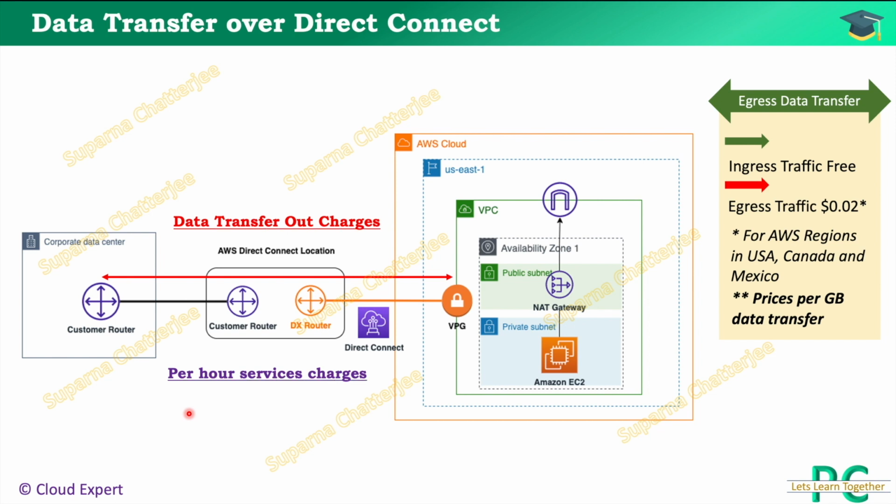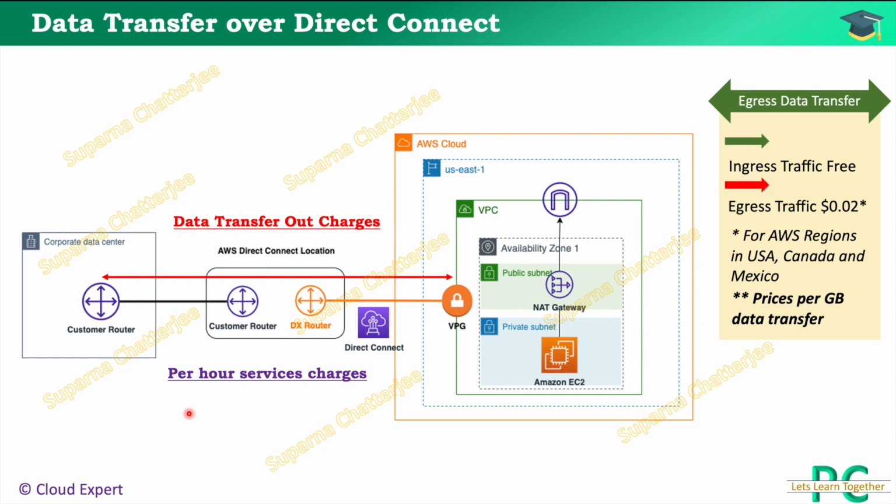Similar to our previous diagram with the VPN connection, if you are creating a Direct Connect, you have to pay per hour service charges for the Direct Connect connection. Per hour service charges will be based on the number of connections you have. If you have more than one Direct Connect connection, then the charges will be per Direct Connect connection. To summarize, let's say you have two Direct Connect connections.